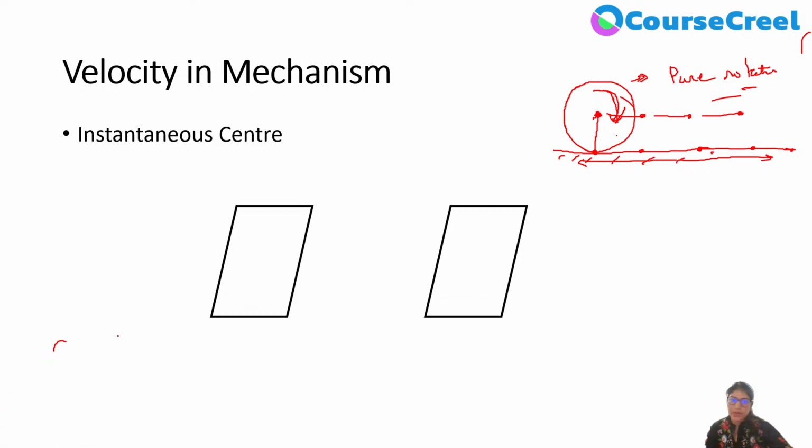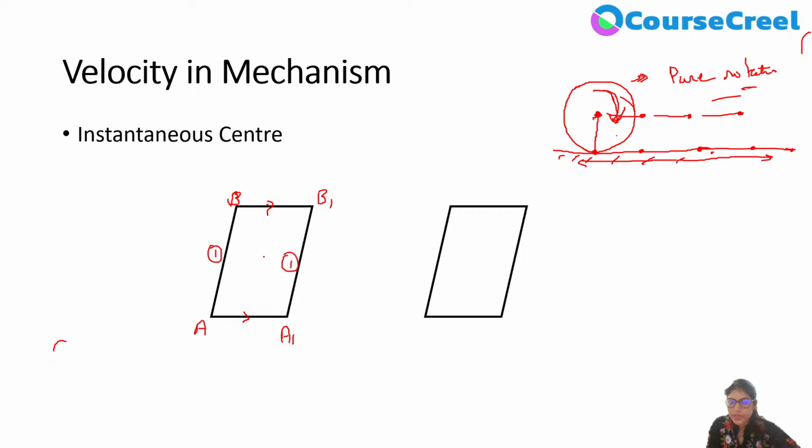Or let's take a simple example. Suppose here we have one link AB. Okay, so AB initially is changing its position to A1 B1. There are no two different links, this is one link only.